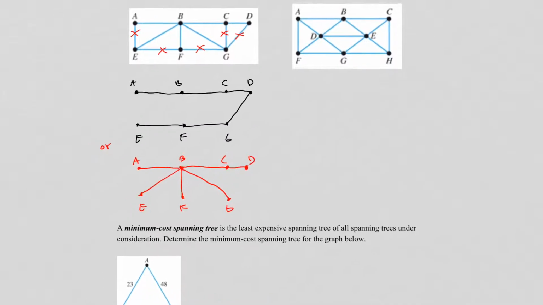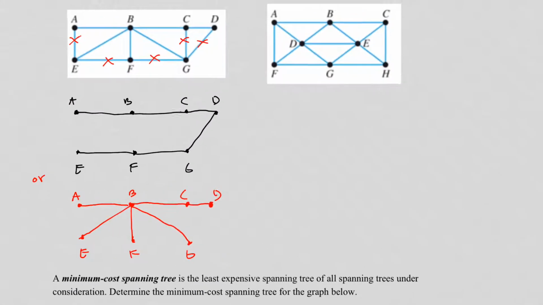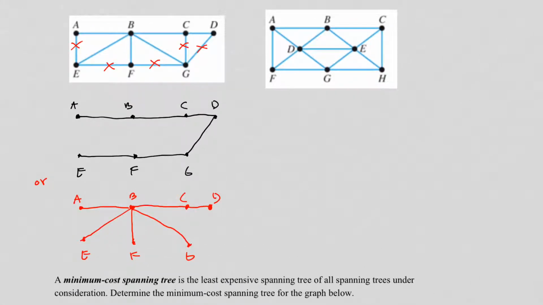All right, let's take a look at this next graph over here on the right. So let's create our 6 vertices, A, B, C, and then 3 down here, 2 in the middle.